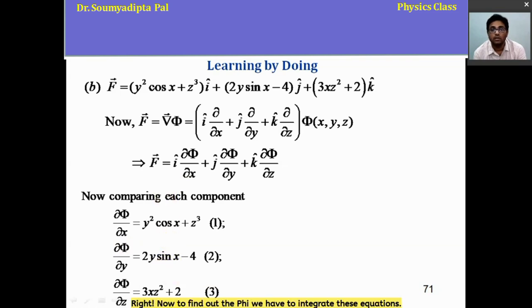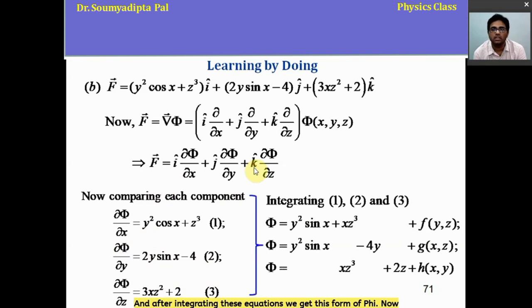Right? Now to find out phi, we have to integrate these equations, and after integrating these equations we get this form of phi. Now as equation 1 is the derivative of phi with respect to x, keeping y and z fixed, integrating this we get y² sin x plus xz³ plus f(y,z).